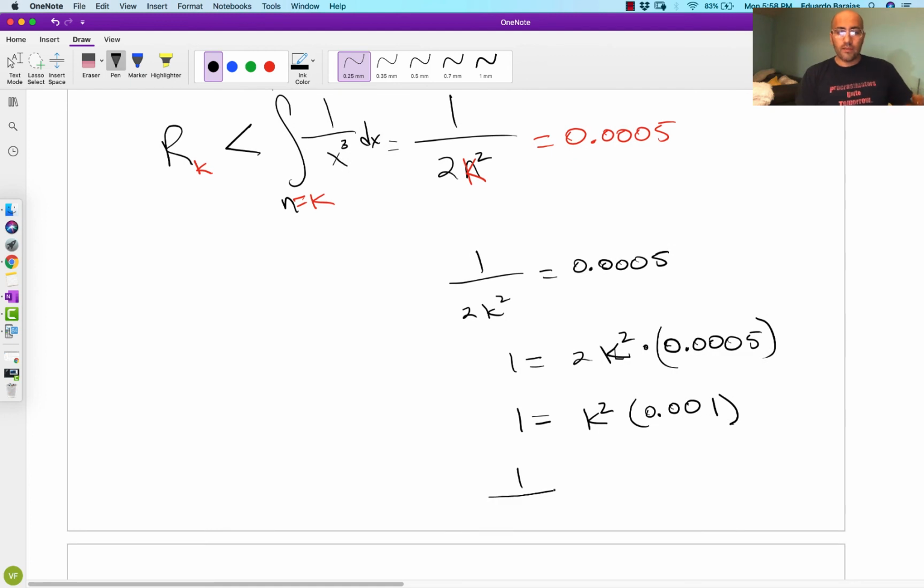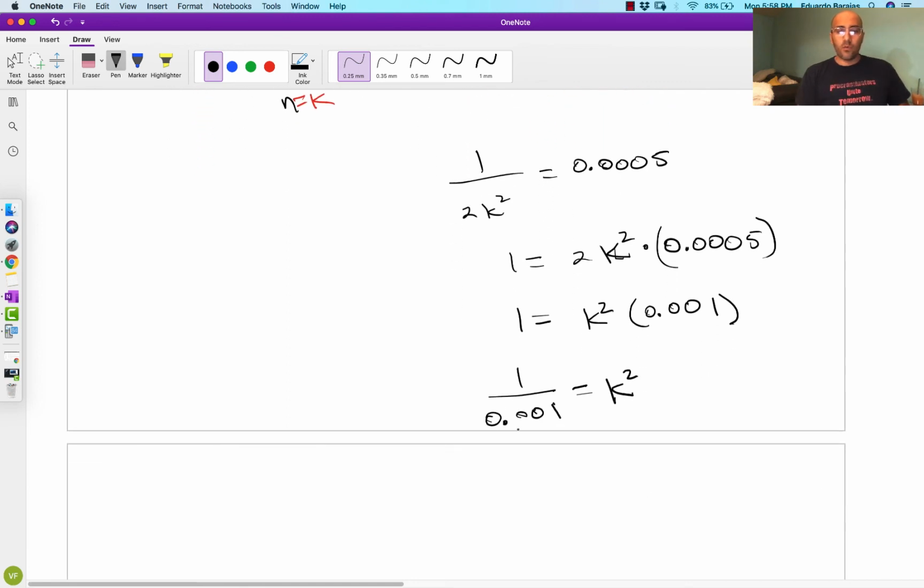So 1 divided by 0.001 must be equal to k squared. 1 divided by 0.001 is equal to 1,000, which equals k squared. So we take the square root of it: the square root of 1,000 equals k.